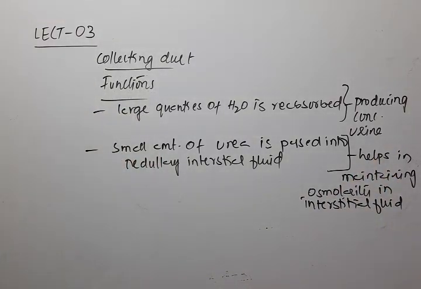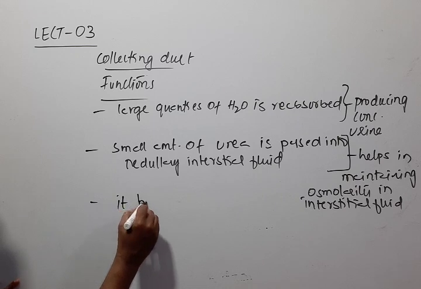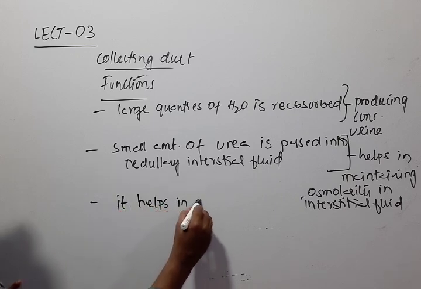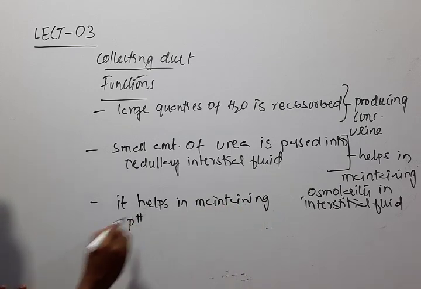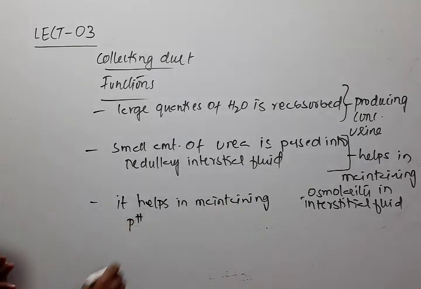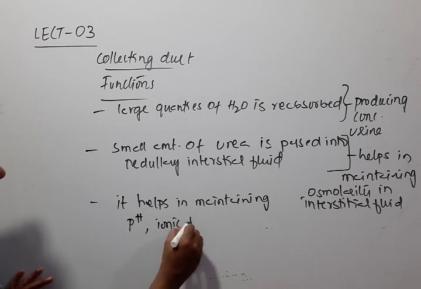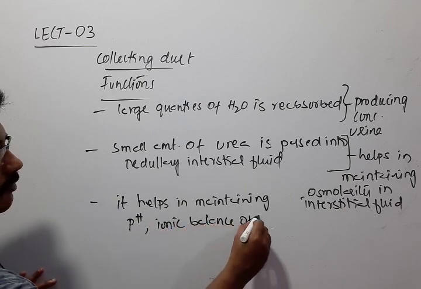Then this segment, the collecting duct, will also play a role in maintaining the pH. It helps in maintaining pH and the ionic balance of the body.